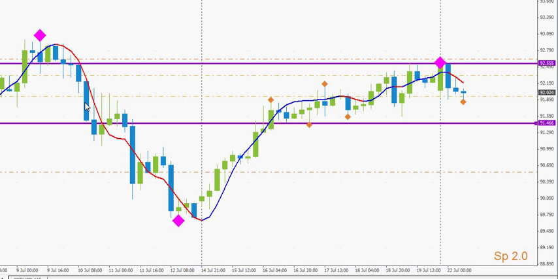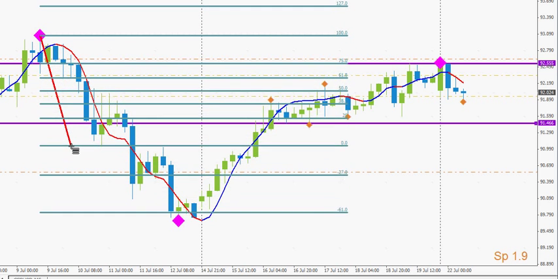I take my Fibonacci and I draw it from the high to the low that was printed in that move. And what I want you to see is look at where price retraced to. Price retraced to the 50% of this move from the high to the low.